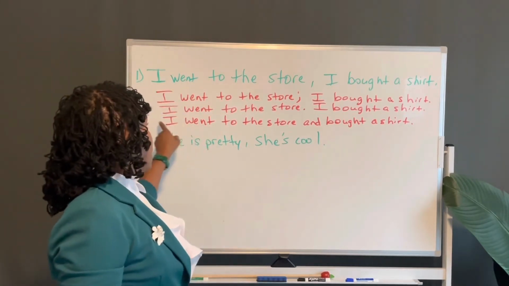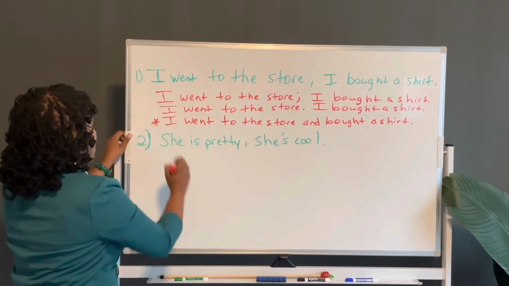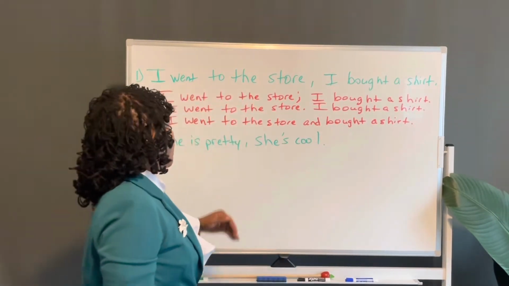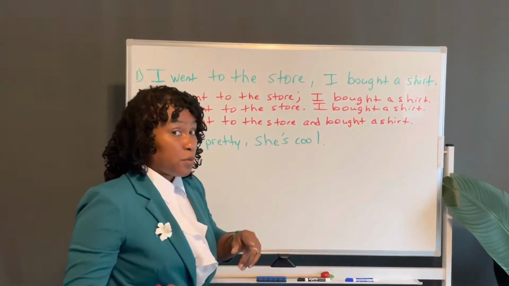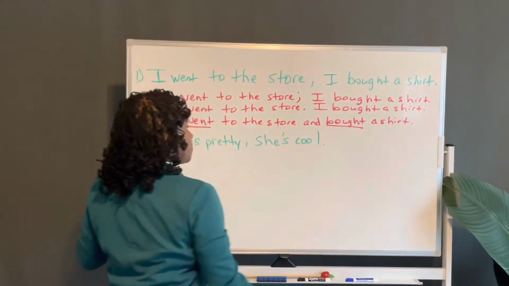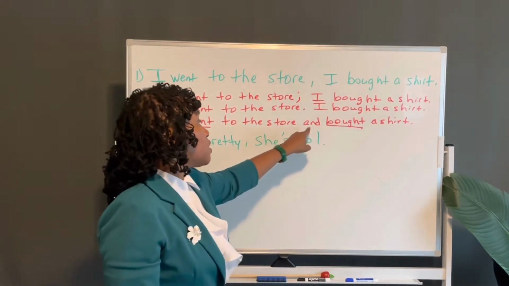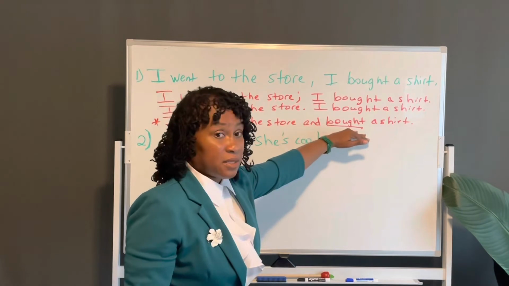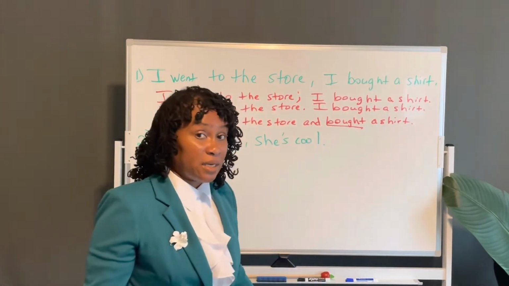This sentence here, the one that I put a star beside, only has one subject, but two verbs: I went, bought. Because there's no subject here for this part, it's no longer an independent sentence. So therefore, you don't need a comma.